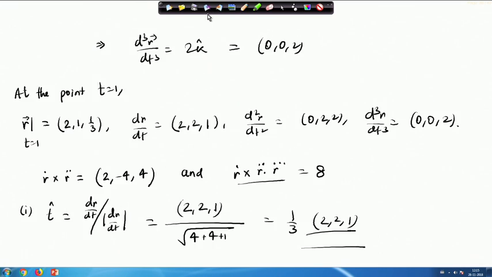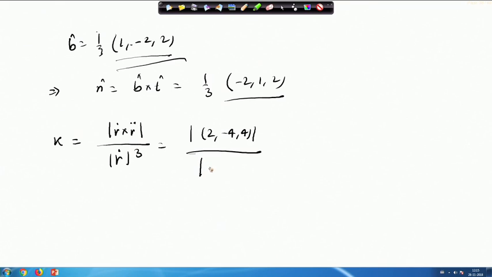So, what is r dot? Our r dot at the point t equals 1 is (2, 2, 1). So, let me go back here, (2, 2, 1) whole to the power 3. So, this will be square root of 4, 16, 16, and this will be square root of 4, 4, 1 whole to the power 3.